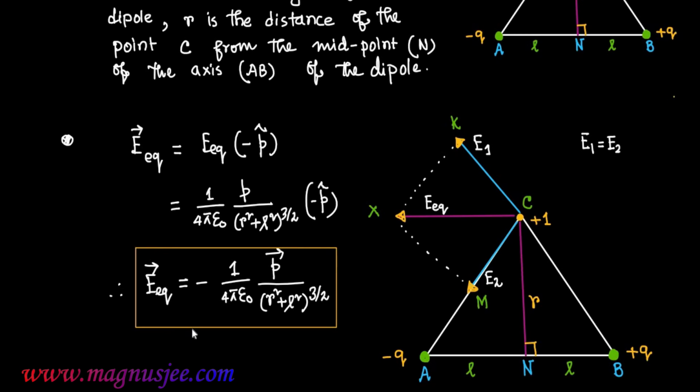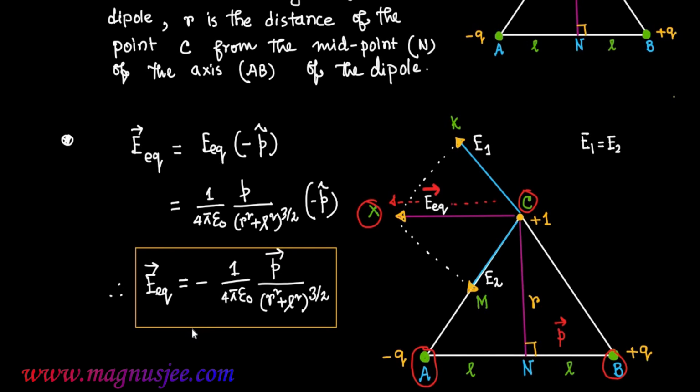The negative sign indicates that in the diagram, the field intensity vector E_eq acts along CX, from the point C to X towards the left, and dipole moment vector P acts from minus q to plus q charge of the dipole.